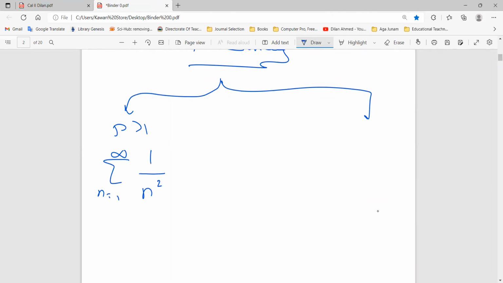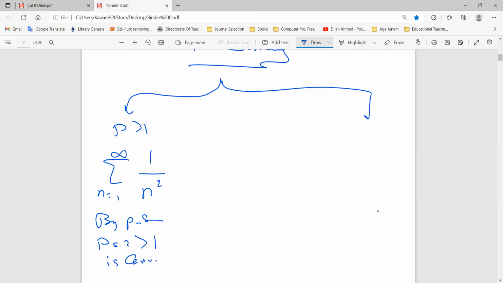So not 2 to the power n, no, n squared. 2 to the power n is a geometric series, but n to the power 2, or n squared, is a P series. In that case, we say it converges by the P series, since P equal to 2 is greater than 1.